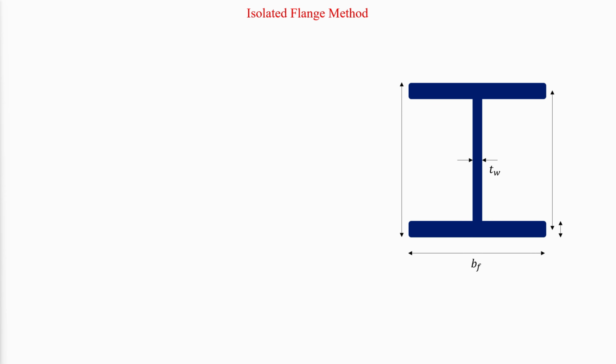For I-shaped members, the warping strength can be approximated by isolating the flanges and treating them as independent rectangular beams loaded in the horizontal plane by a distributed radial force per unit length calculated with this equation.